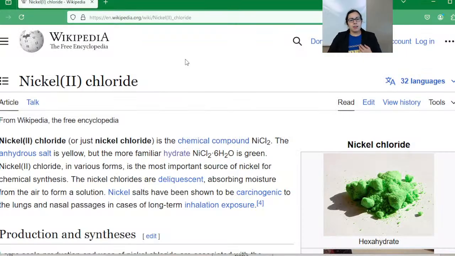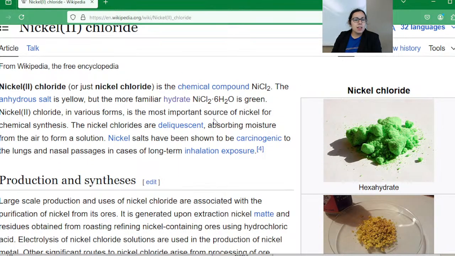This is a phenomenon that happens sometimes, and you have to really examine the crystal structure. Let's look at nickel chloride.